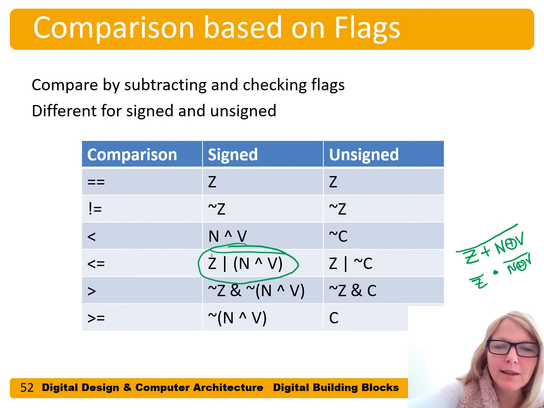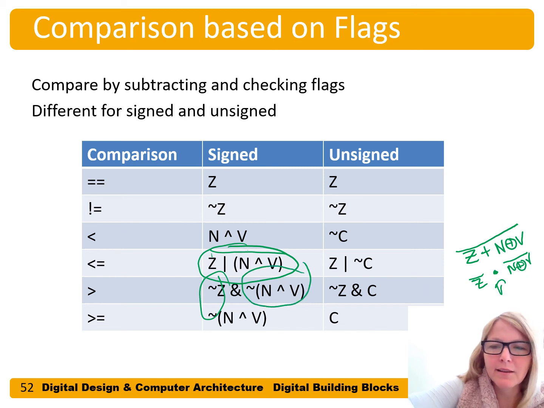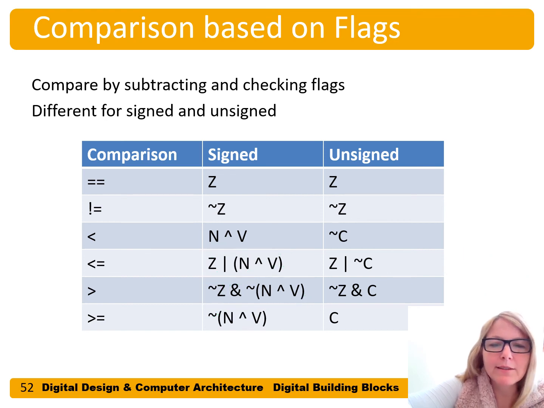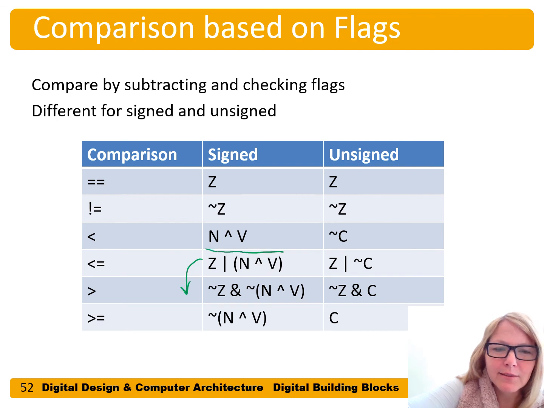And we get not Z and not N XOR V, or the XNOR of N and V. Okay, but the easiest way to think about that is we just put a bar over that, the inverse of that.